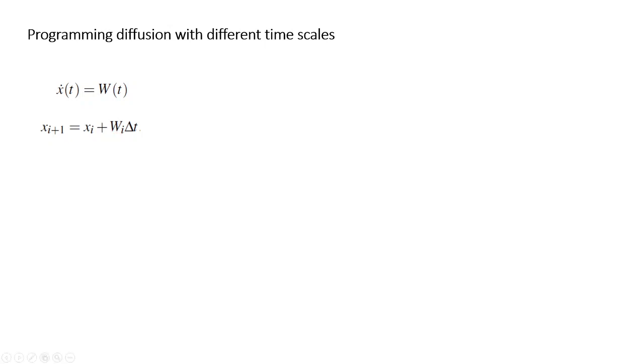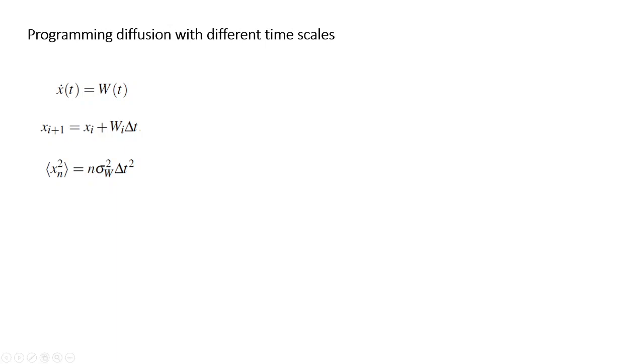It's not difficult to see that the square displacement for each step for this kind of random walk will be the square of this term, which will yield, in n steps, a mean square displacement that is n times sigma squared w times delta t squared.